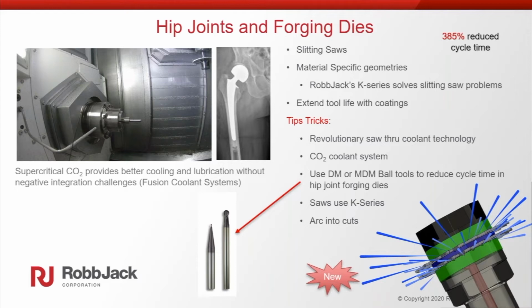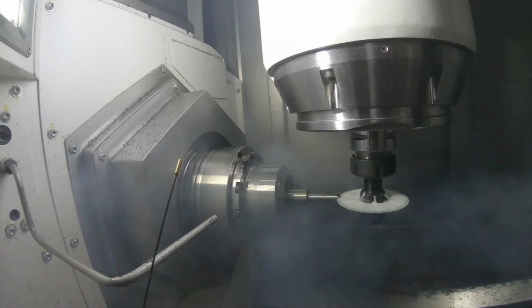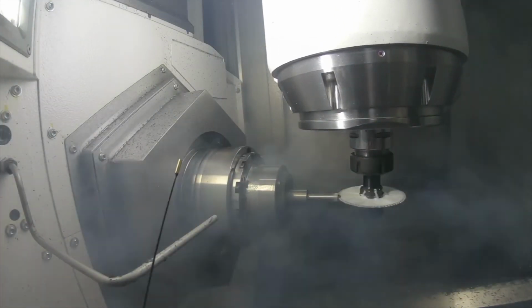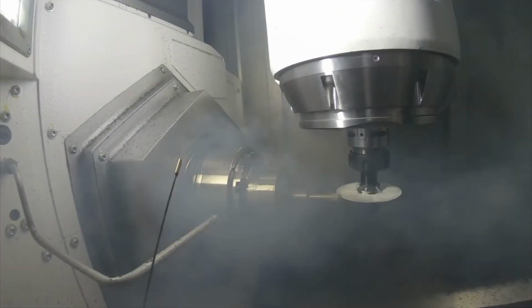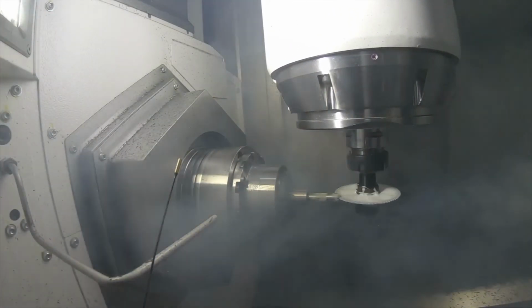So we developed a saw and arbor, working with Fusion Coolant Systems to come up with a solution. When you look at this video, note that's supercritical CO2 coming out as we're machining it, and that coolant is hitting the saw on both sides.